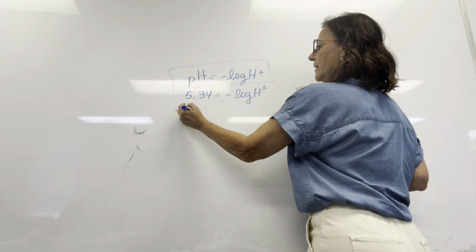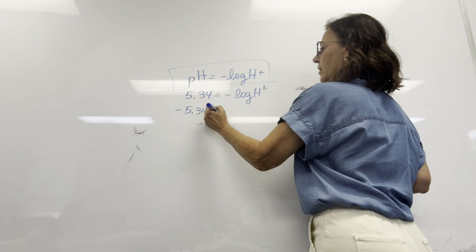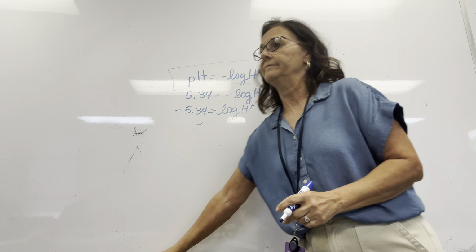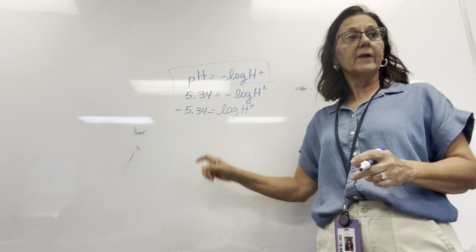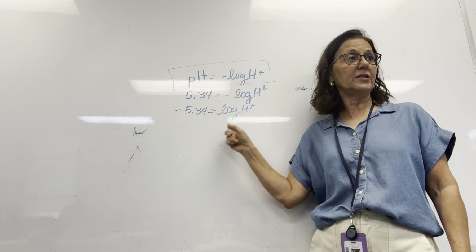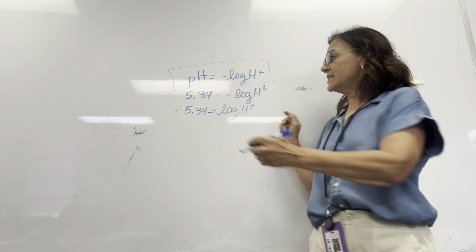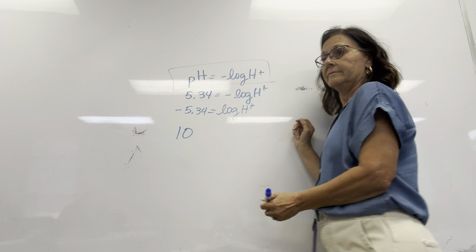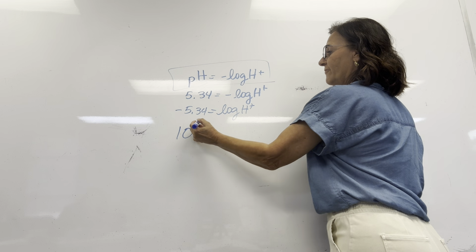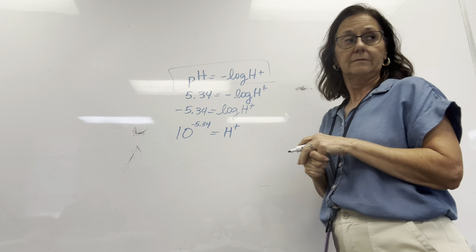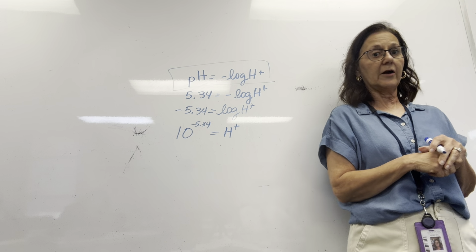So that's negative 5.34 equals the log of H positive. Now I can rewrite this in exponential form. What's my base? 10 is the base. What's my exponent? Negative 5.34 equals my H positive. All right, that's how you're going to work those.